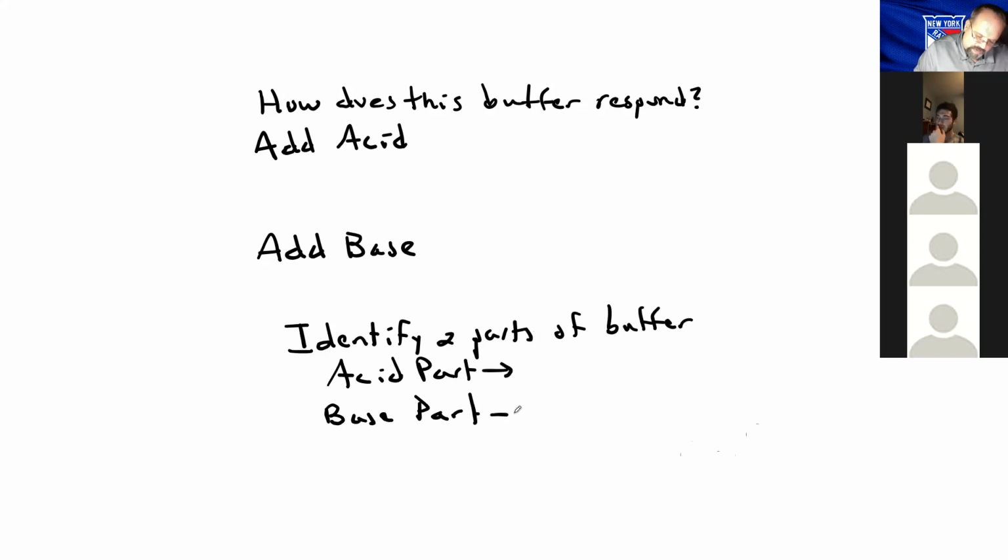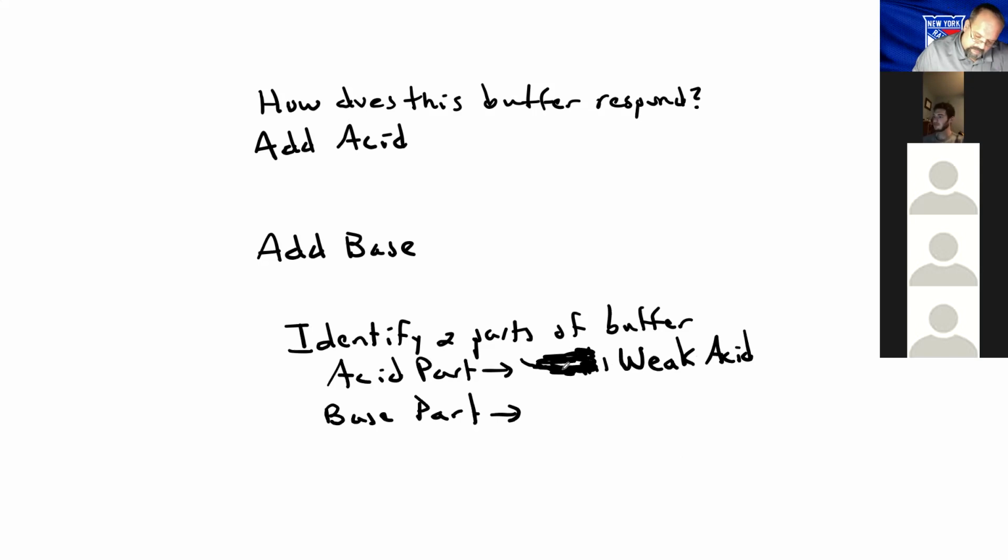And it's really straightforward for our purposes. The acid part of the buffer is going to be the weak acid. The weak acid that we're using to make the buffer is going to be the acid part of the buffer.